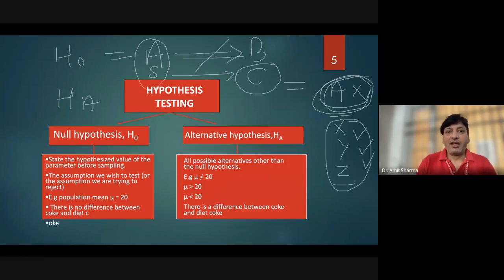Yes, A is not the only one which has caused the cancer, because this was the previous thought before conducting research, that only the person who smokes will suffer from cancer. But as a researcher, you have found that A is not the only one. Other reasons are also there. It can be X, it can be Y, it can be Z, which has caused the cancer.